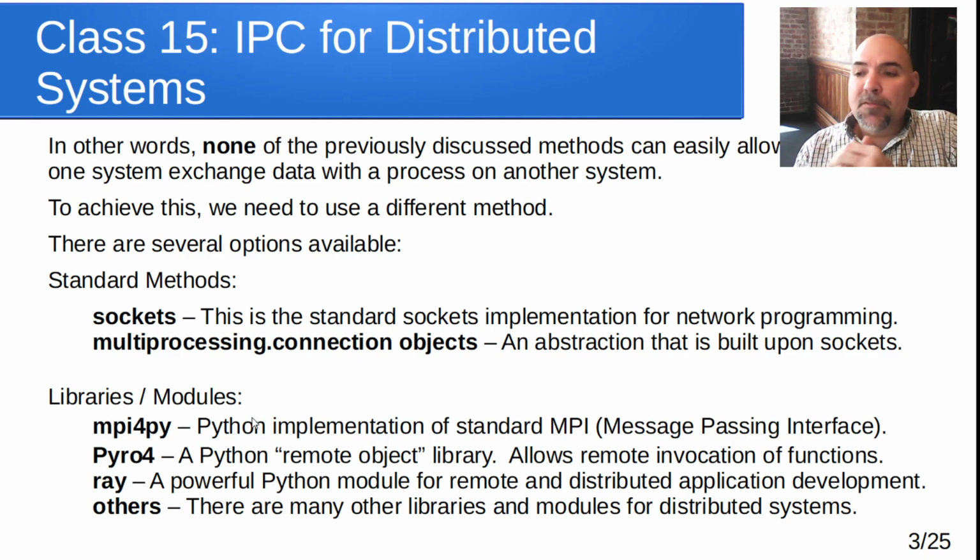There are several options available, and we're going to look at some of those today. One is to use standard methods that have been around for a long time, for example, sockets. Sockets are kind of how the internet works.